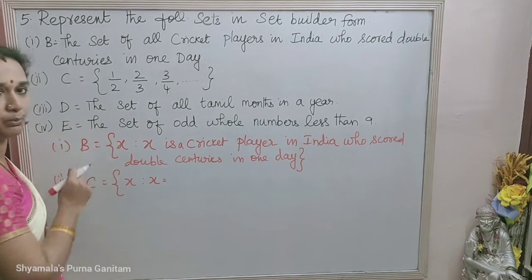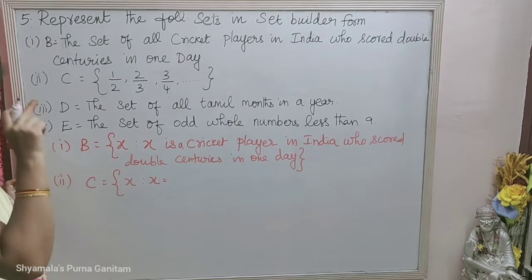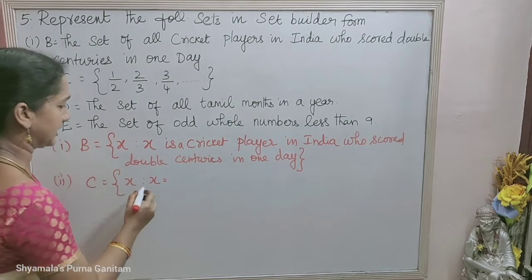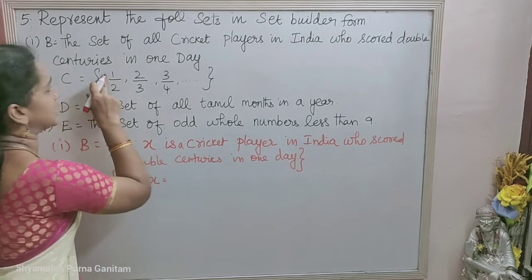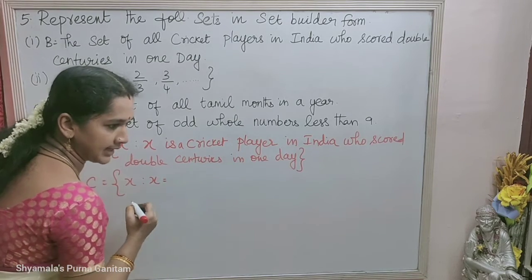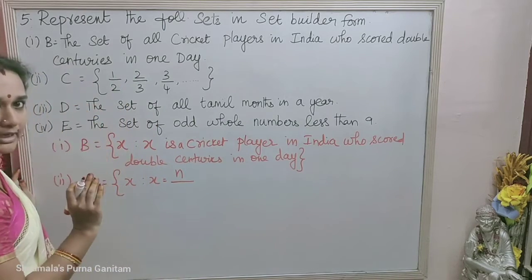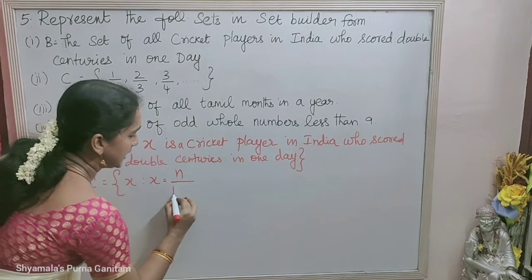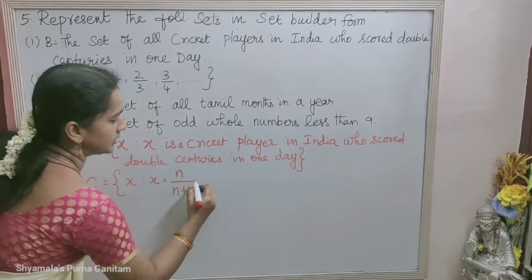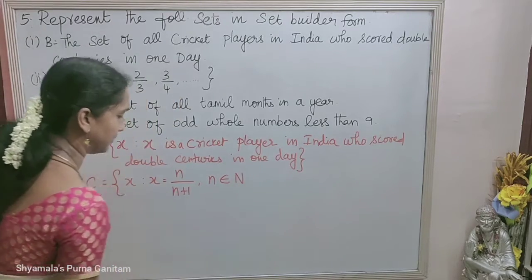Since it starts from 1, we can say that it is a natural number n. So X is equal to n by n plus 1, where n belongs to natural numbers.